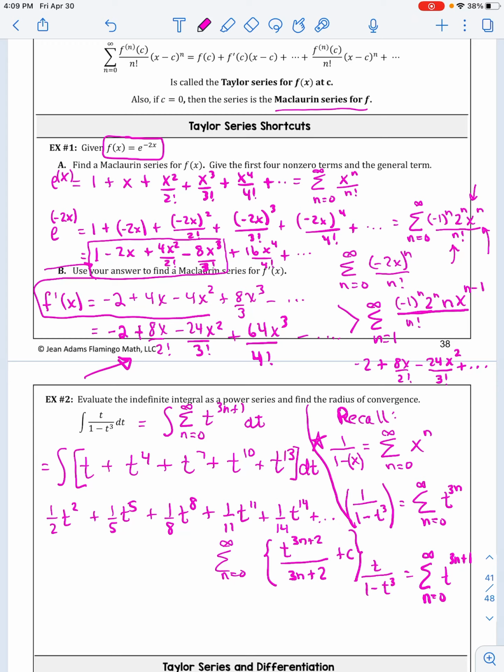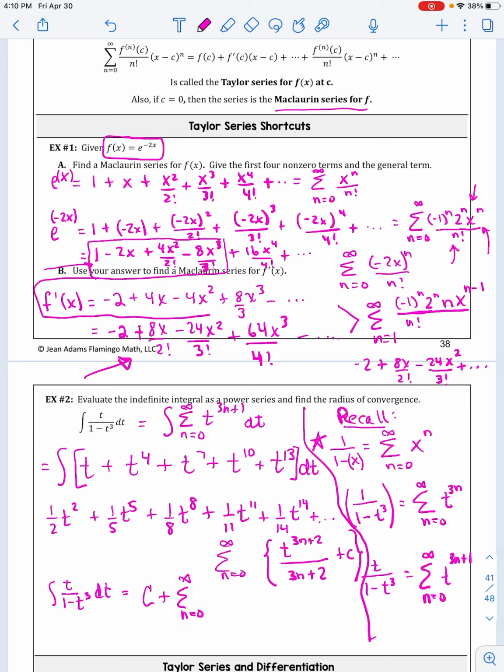So you can see that by knowing where to start, you're either going to start at 0, 1, or 2. Occasionally you have to start at bigger values. This would be your nth term.